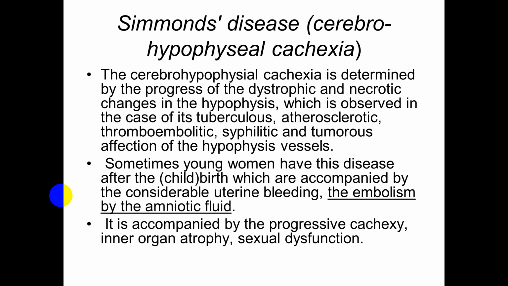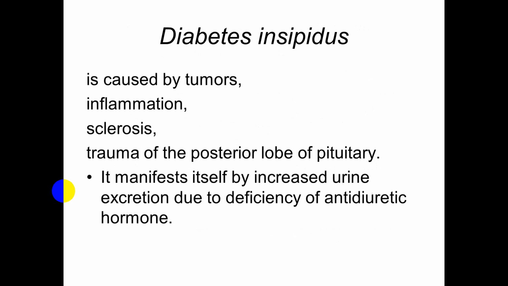Sometimes young women have this disease after childbirth accompanied by considerable uterine bleeding or amniotic fluid embolism. It is accompanied by progressive cachexia, inner organ atrophy, and sexual dysfunction.